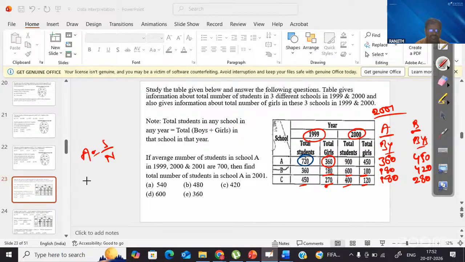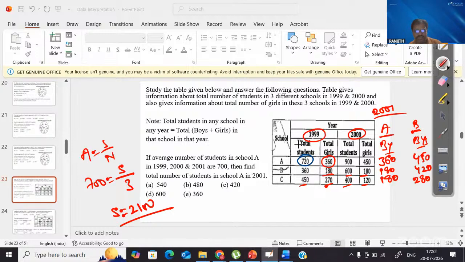So the average is given as 700, the total sum we need to find out, number equal to 3 years, where sum equal to 2100. We need to add all the values, average number of students in school A, right?